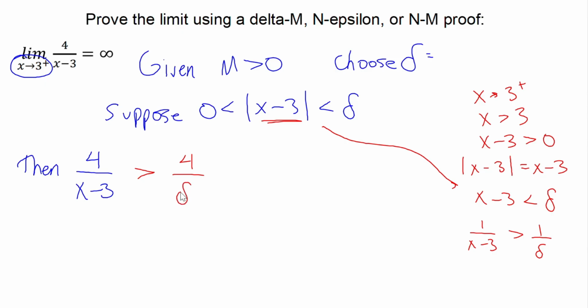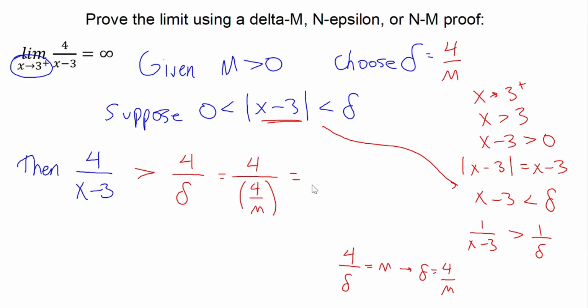Now I've got something that's all in terms of constants and delta. So all I need to do is let 4 over delta equal M. We can do that off to the side to see what delta needs to be. We just cross multiply, which means delta needs to equal 4 over M. So we'll choose delta to be 4 over M, which gives us 4 over 4 over M, which is just M.